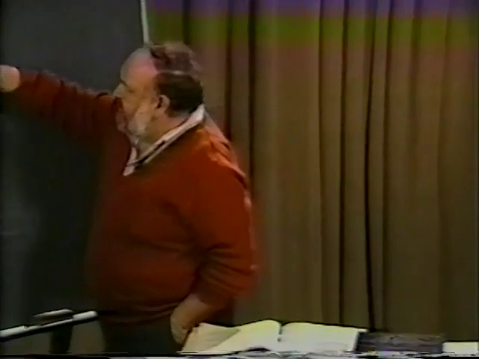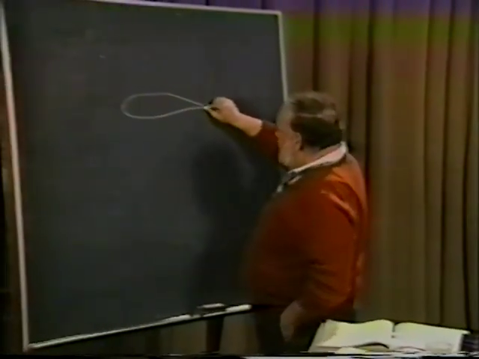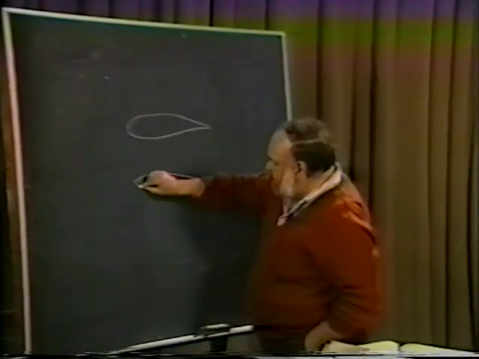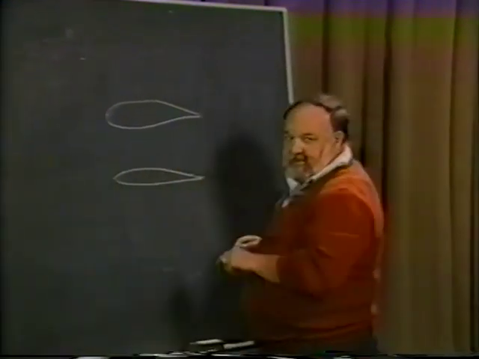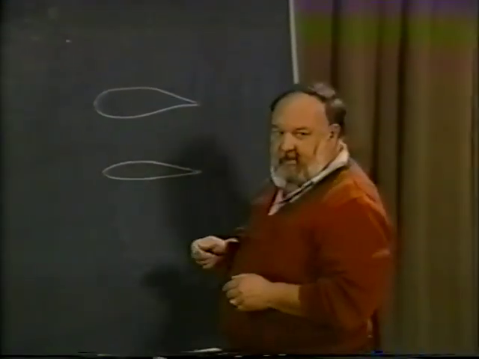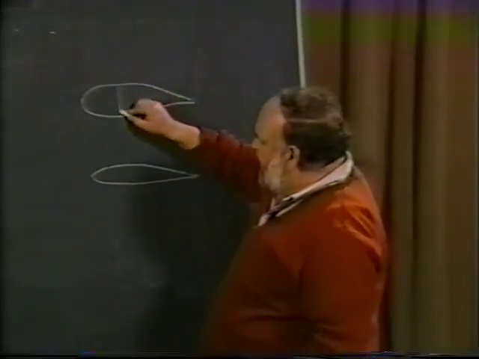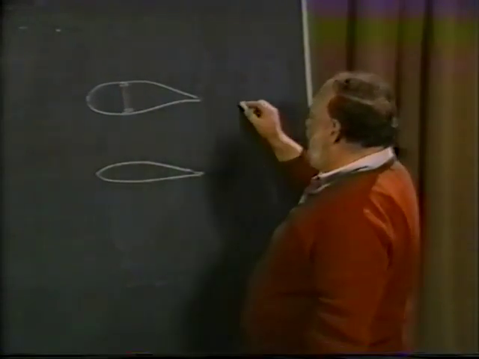So, for example, if we would take a look at an 18% thick wing and take a look at a 10% thick wing. Now you're going to have to take my word for it that that's 10% and that's 18%, because you can see I did it with this calibrated chalk here. But in this particular case, we now have a great deal of room to build a spar, and we may end up with a drag coefficient.